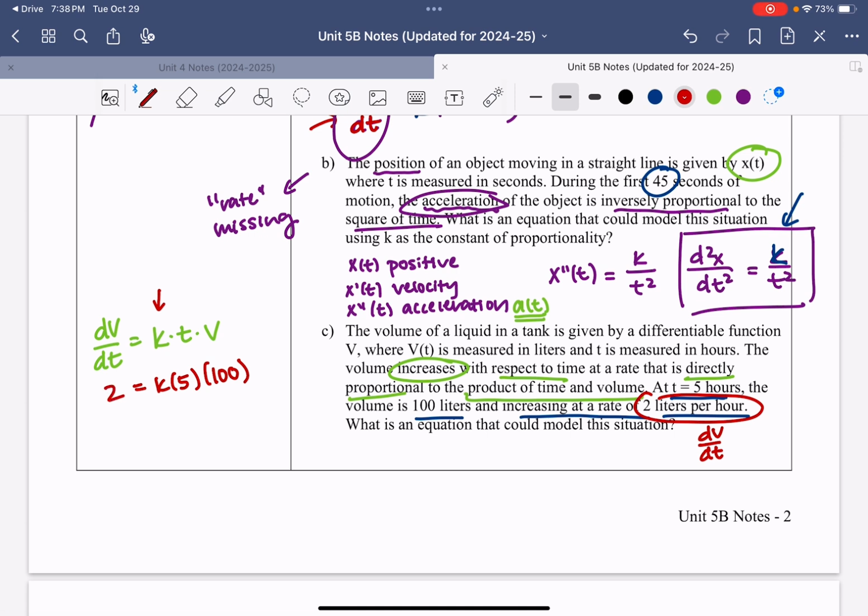Solving for k, I can multiply my 5 and 100, so that's k times 500. Dividing by k gives me that k is equal to 1 over 250. So my differential equation is going to be dv dt equal to 1 over 250 times t times v.